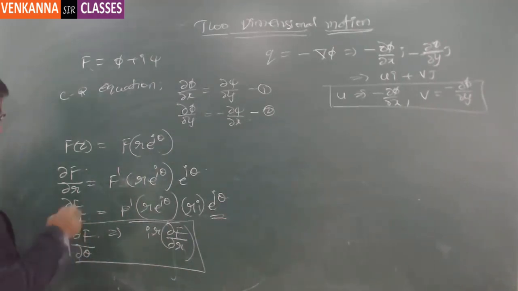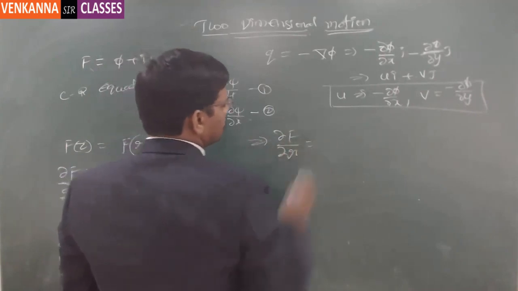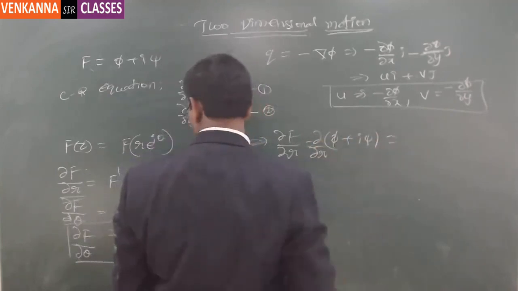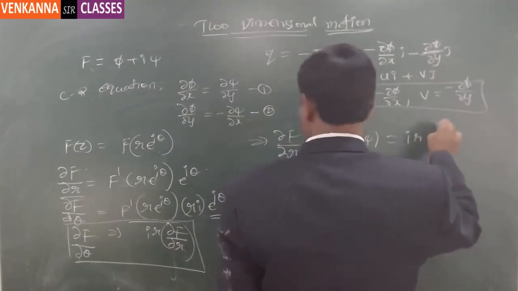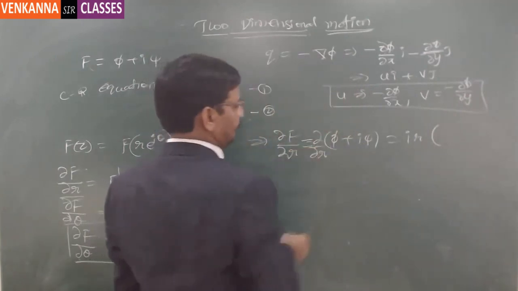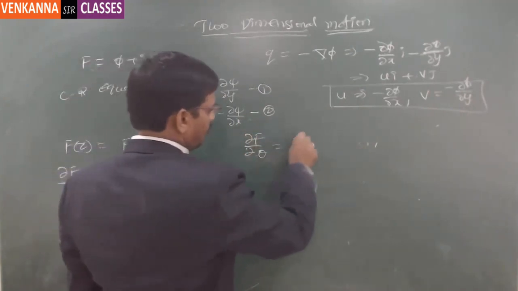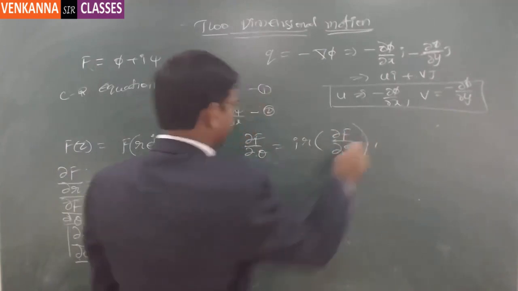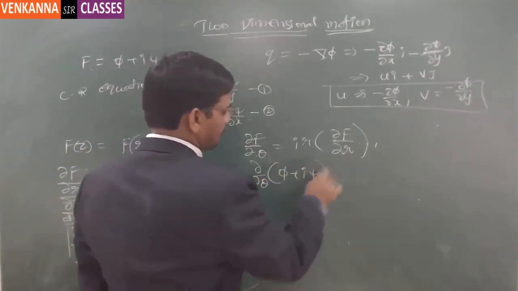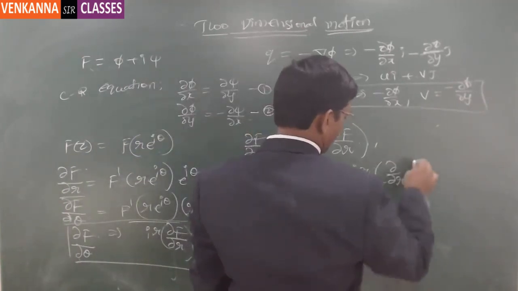So dou F by dou theta is equal to ir times dou F by dou r, because you can express F as phi plus i psi. So dou by dou theta of phi plus i psi is equal to ir times dou by dou r of phi plus i psi.